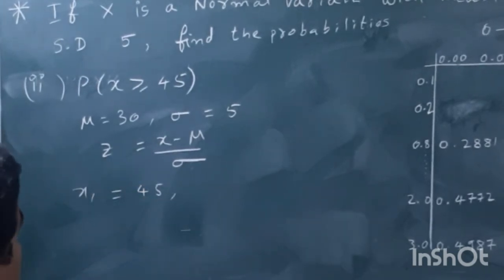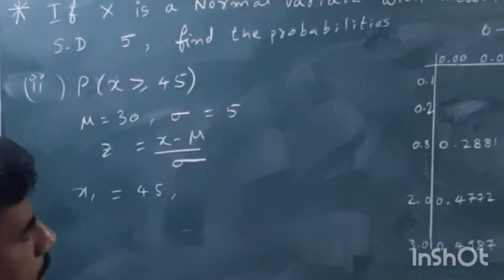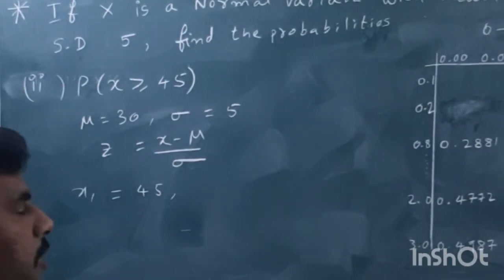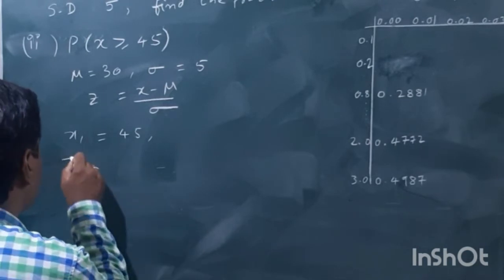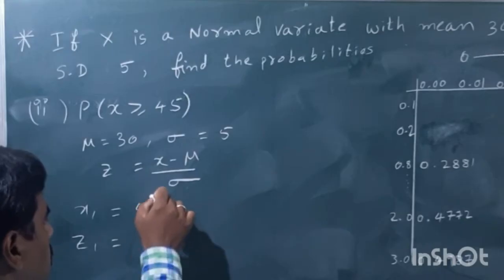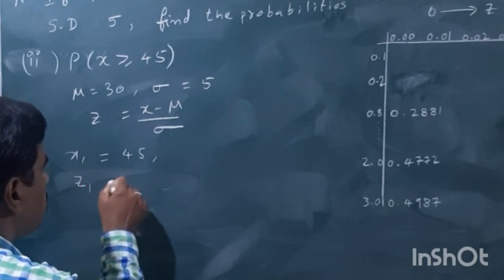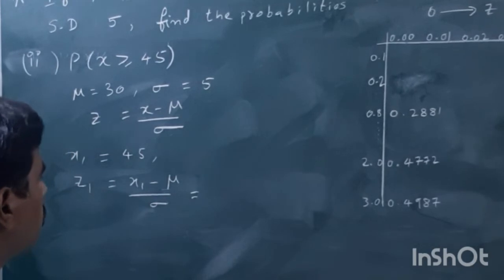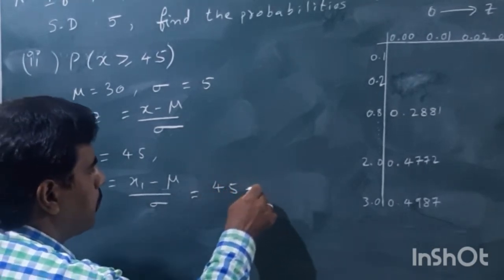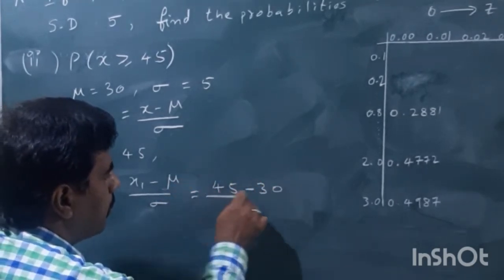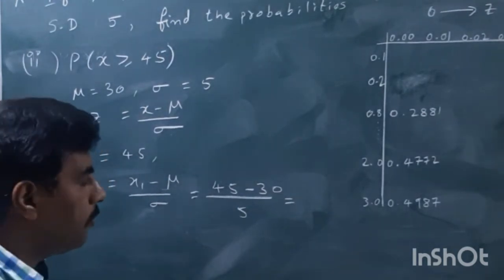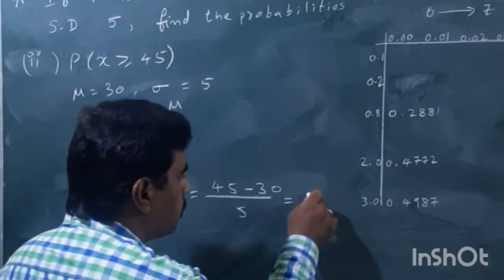We have to find the probability when x is greater than or equal to 45, that is the area under the curve from 45 to infinity. z1 is given by x1 minus mu by sigma, that is 45 minus 30, 15 by 5, that is 3.